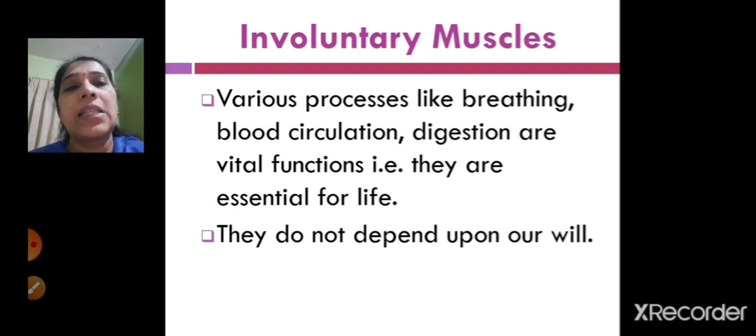Vital means important. So breathing, blood circulation, digestion are all important functions required for our life, right? It does not require anybody's permission, it occurs naturally. They do not depend upon our will.